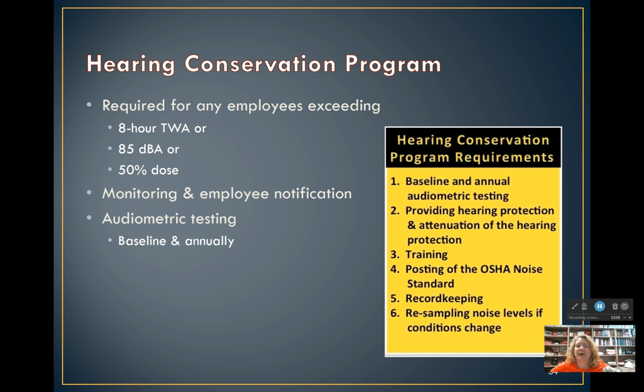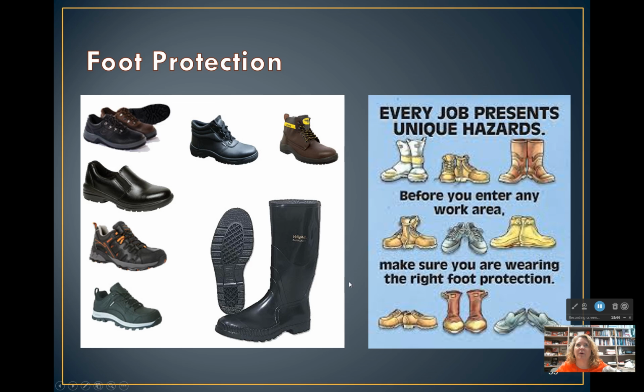Once again, it's that 85 decibels at 8 hours time weighted average that kind of is requiring that, and that's why the majority of the people just say 85 instead of the 90 that's required by OSHA. And then we also have to monitor with regard to that, and then do that baseline and that annual testing as we look at it. And you can kind of see some information here with regard to any type of program requirements.